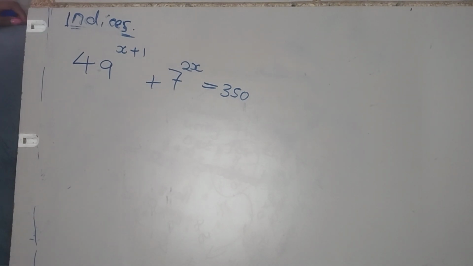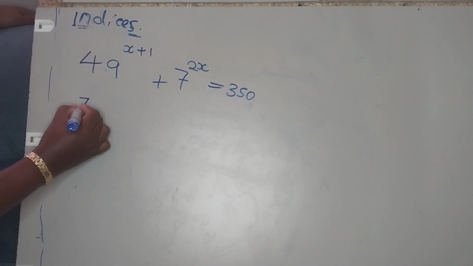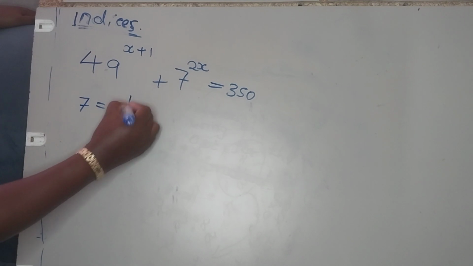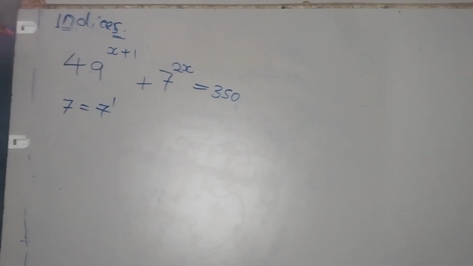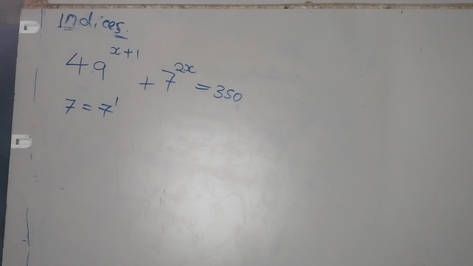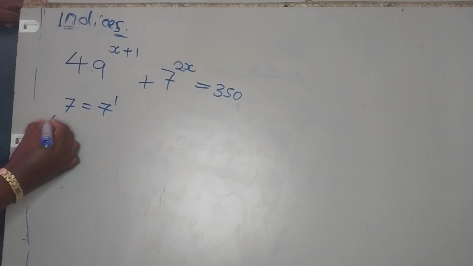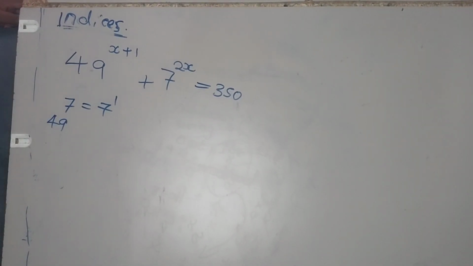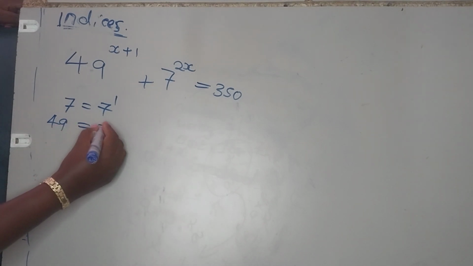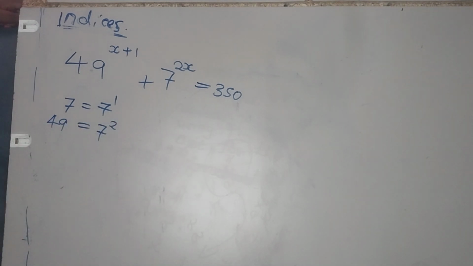Before we even continue, the least base here is 7. We know 7 is the same as 7 to power 1. Can we express 49 in terms of 7? Yes. 49 is simply 7 times 7, which is the same as 7 to power 2.